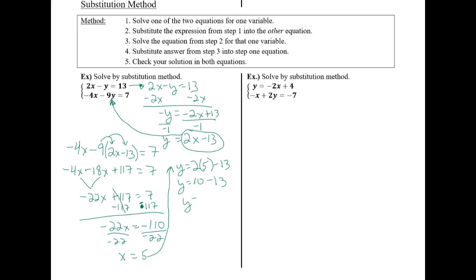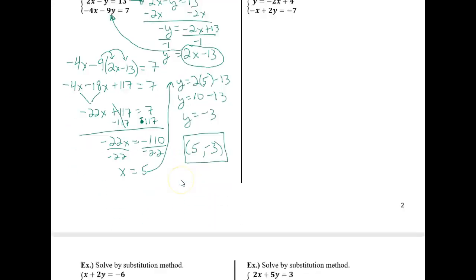And 10 minus 13 is -3. Ordered pairs always go x, y, so 5, -3. There you go. Again, I could plug these values in to both equations to make sure they end up as true answers and, in fact, the solution to the system.